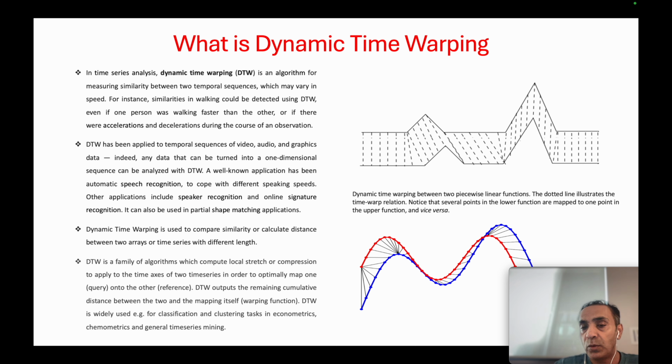Notice that several points in the lower function are mapped to one point in the upper function, and vice versa. And the diagram, which is blue and red in color on the right side and bottom part, is what you get once you have calculated the warping function between the two sequences that you're analyzing. That's how it looks.